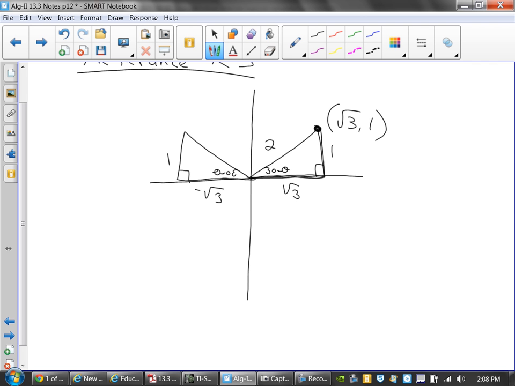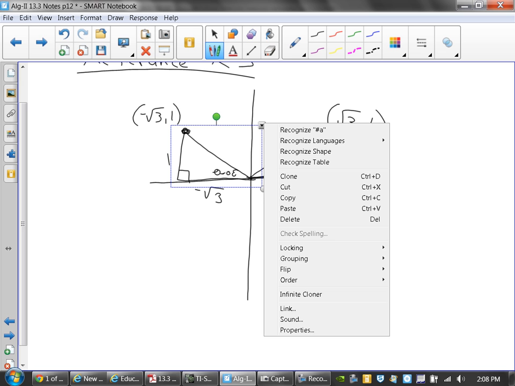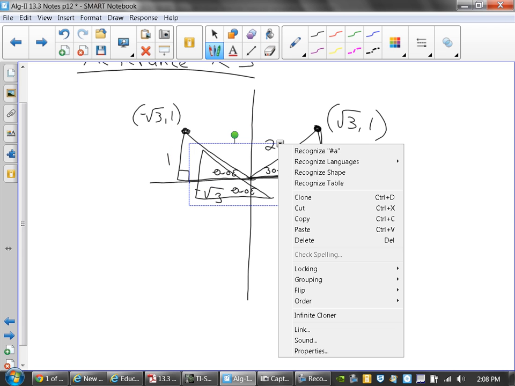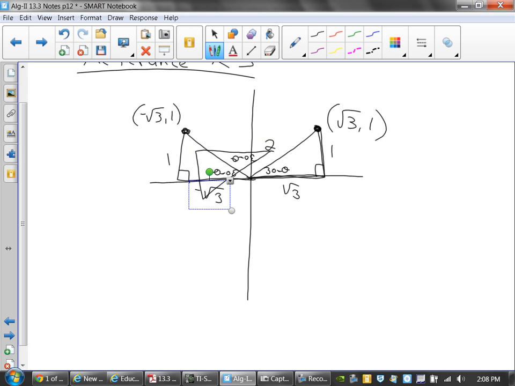What does my ordered pair become here? Negative root 3 and 1. Now I flip it around. I still have a 30-degree angle for theta.